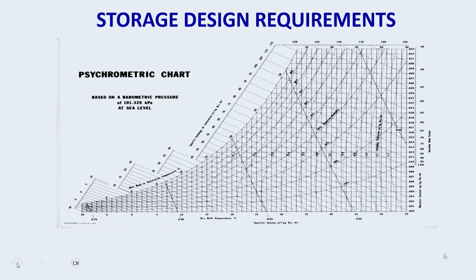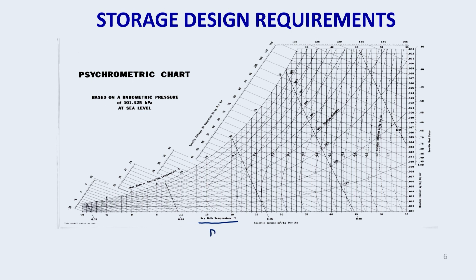So just to have an idea, this is the psychrometric chart which gives the various properties of the air. Here this is the dry bulb temperature. In case the letters are not visible, I'll just write it.